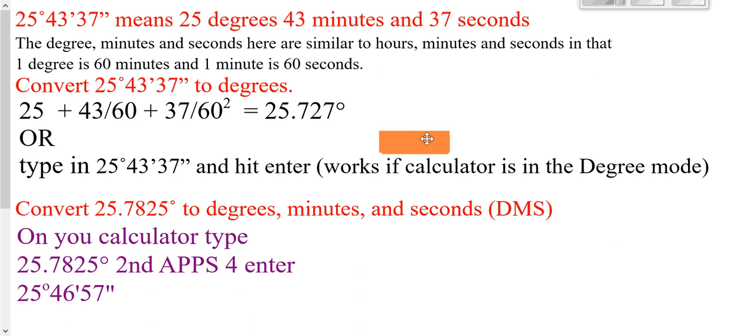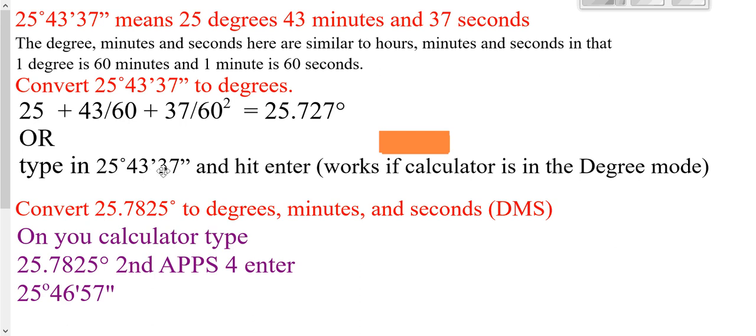A second way you could do it, if your calculator is in degree mode, you could go 25. Now we have to get the degree symbol. For the degree symbol on your calculator, you need to go second apps, which is your angle menu, select your degree, then type in 43. Then you have to go back to second apps, get your minute symbol.